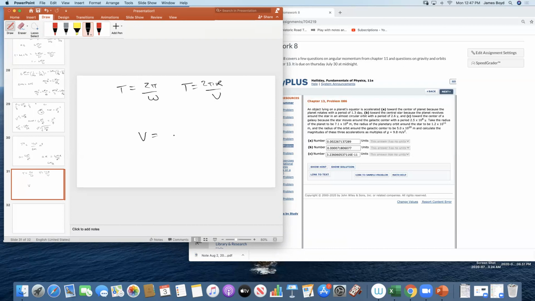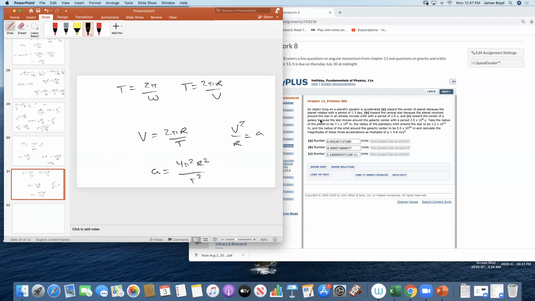So we can get v is 2 pi r over t, and then v squared over r is our a. So a is equal to 4 pi squared r squared over t squared.